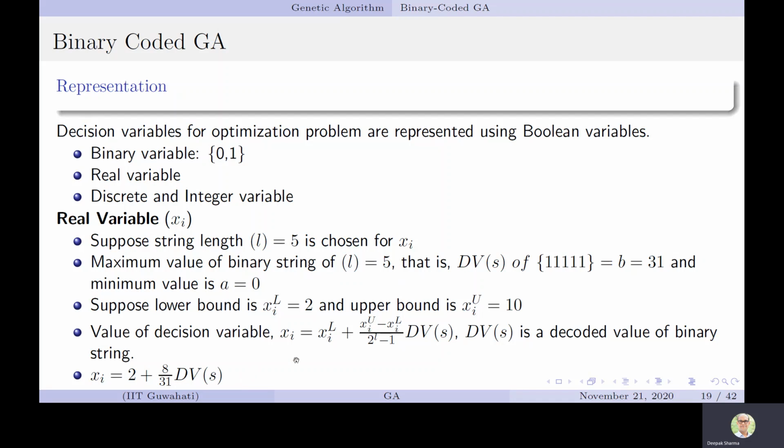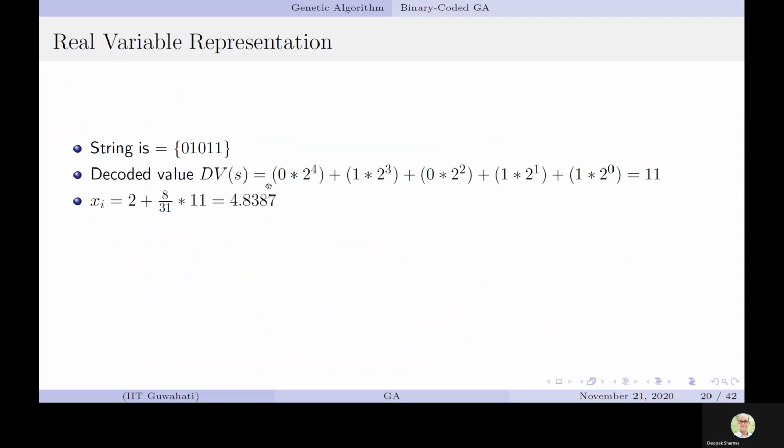And then the decoded value of a binary string. Let us assume that we have a binary string of 0, 1, 0, 1, 1. We know how to decode this value. So we start from the right hand side corner and move towards the left hand side. From the right hand side corner, you have 2 to the power 0 into 1, which is the right bit.